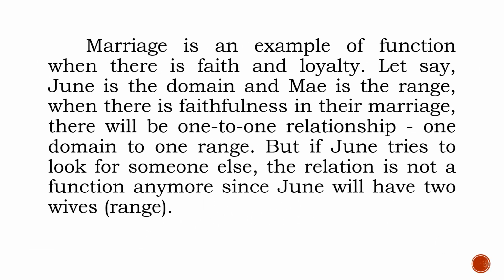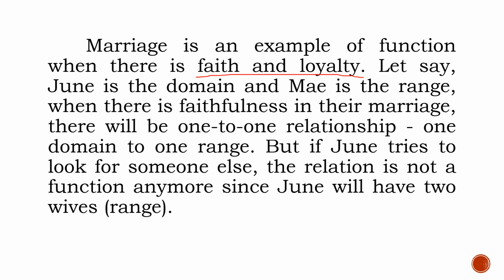So for us to visualize more scenario number one, marriage is an example of functions when there is faith and loyalty. So we always promote faith and loyalty in all times when you're dealing with marriage.